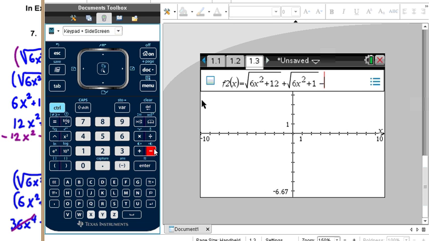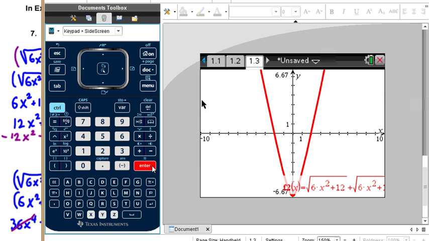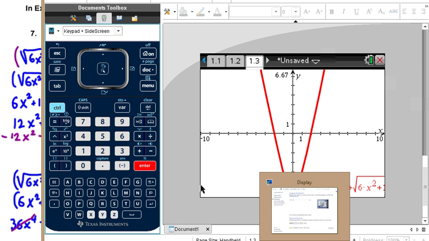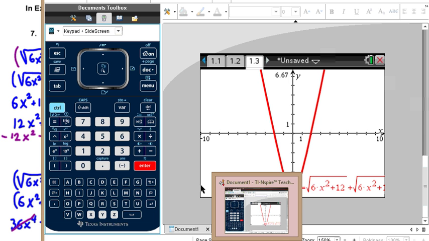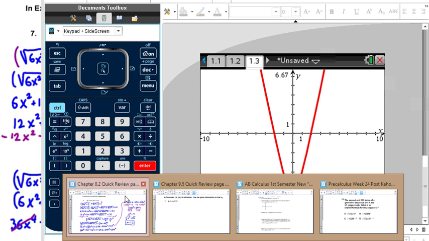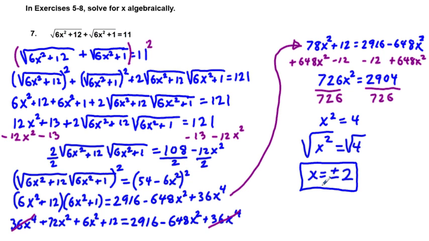I'm just going to subtract 11 and then press enter. And we get solutions at x equals negative 2 and x equals 2. Just by graphing, these can be done pretty easily. So here it is by graphing: x equals plus or minus 2.